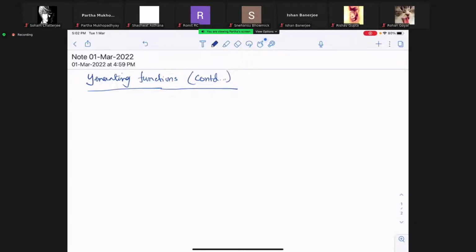We solved several problems using generating functions so far, and last time we saw the Catalan numbers. That was one of the non-trivial examples of generating functions. Today we start with composition.